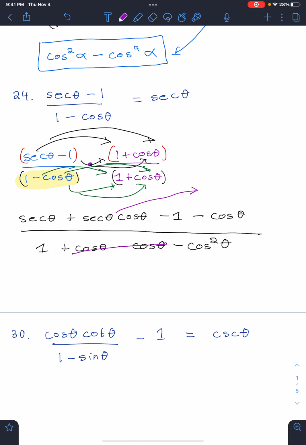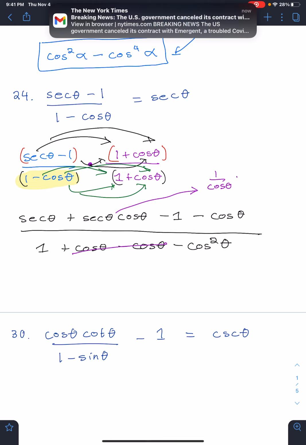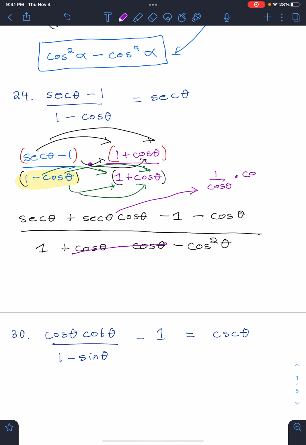This part right here is just 1 over cosine of theta times cosine of theta, which is just 1. So that part becomes 1. 1 minus 1 goes away. And now we have secant of theta minus cosine of theta over 1 minus cosine squared theta.